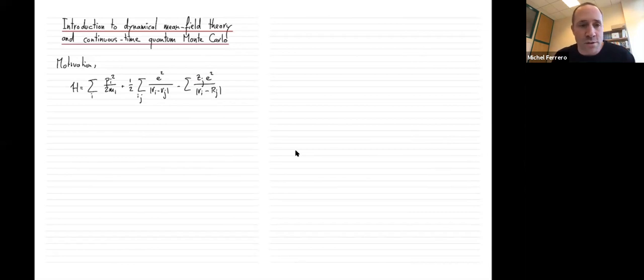So in principle, I'd have to solve this, but this is a very difficult problem. We'll come back to that. While it's easy to write, it's something that I cannot solve exactly. But one of the great successes of the description of solids is something which is called band theory, or electronic structure theory.